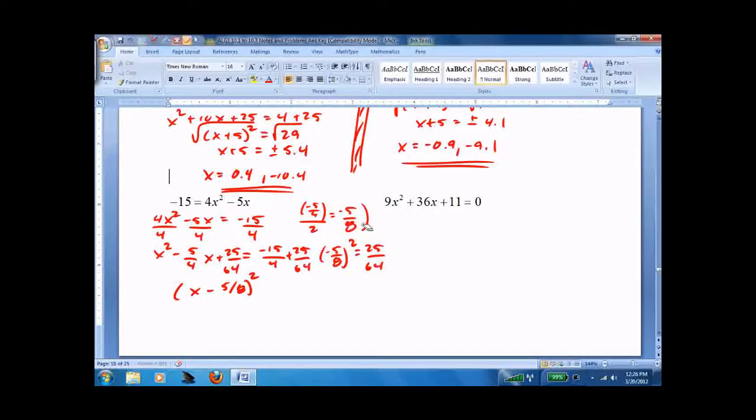I have my box. And that equals negative 215/64. Getting challenging to read all this. No solution. Can't take square root of a negative.